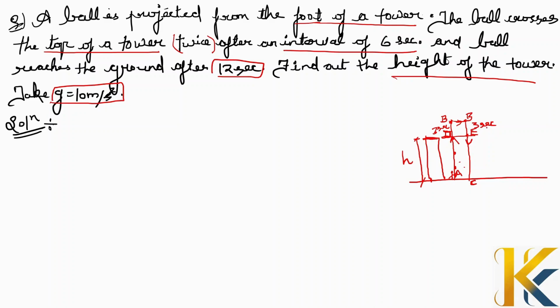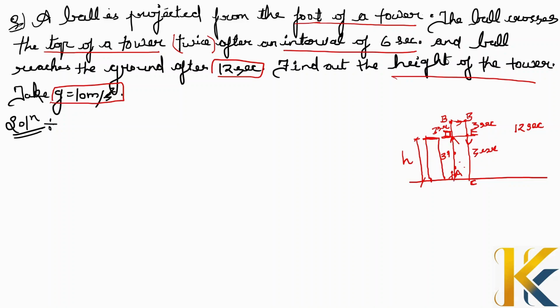Now the total time taken by the ball to take the whole path from A to B and then B to C is 12 seconds. Now 3 seconds are already over from D to B and B to E, it has taken 6 seconds. So remaining, it will be 3 seconds here and 3 seconds here. Why 3 seconds here?